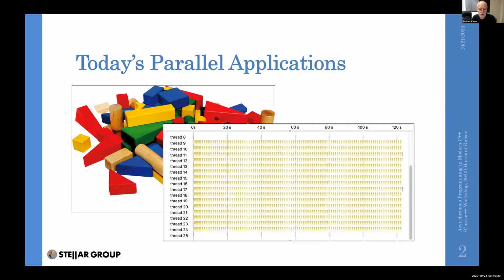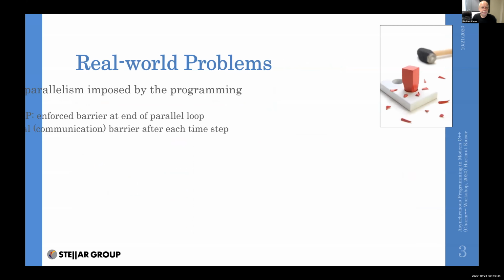This is a fairly common thing we have seen in many applications where the programmer said, oh, I really parallelized everything, I'm using all the 48 cores I have on my node. But if you look closer, you will see that there are a lot of gaps in the resource utilization. I will talk about that a bit more, how that can happen.